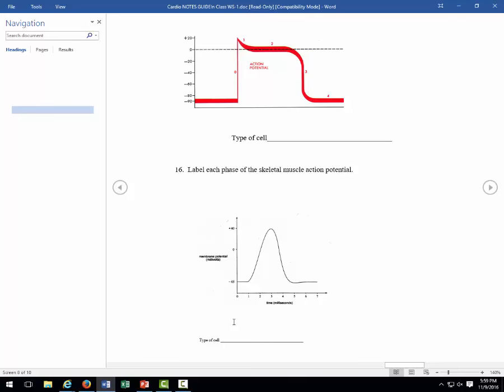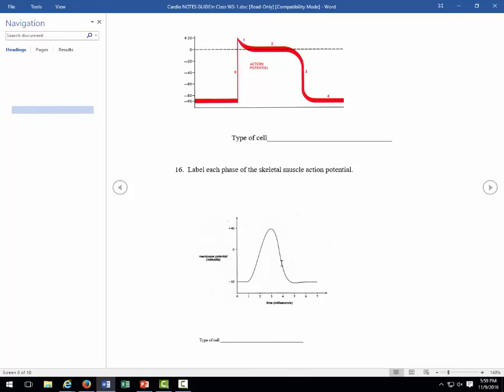So here, the type of cell is just a skeletal muscle cell. This is outside of the heart, right? Anywhere else. And then this would be voltage-gated sodium, and this is voltage-gated potassium, and you're done. So of these 3 graphs, which of them require a stimulus from the nervous system or another cell?